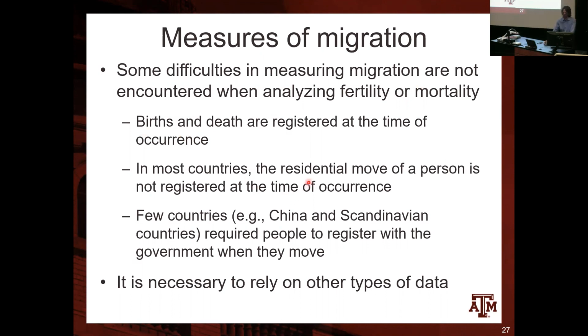In most countries, the residential move of a person is not registered at the time of occurrence. Some countries like China and Scandinavian countries have registration systems where the government actually knows people moving within the country. But usually for most countries, we have to rely on other types of data. We usually rely on surveys and on census data in order to capture migration, both internal and international.